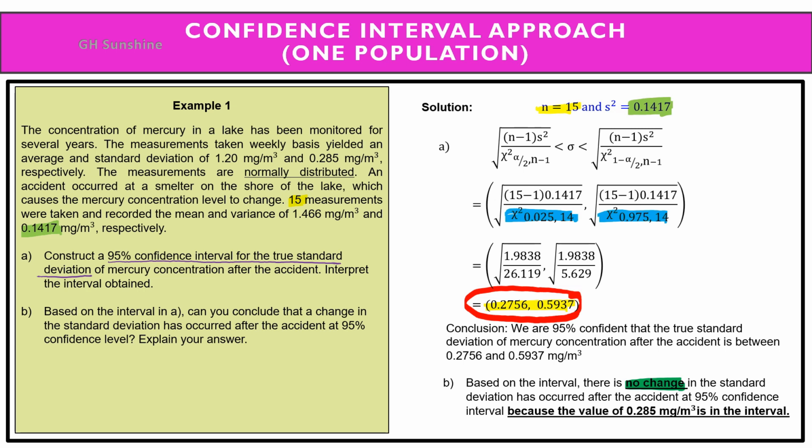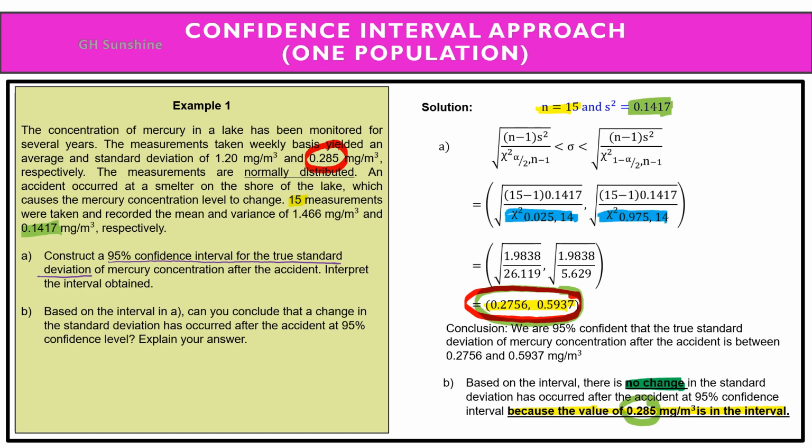Why? Because the value of 0.285 is within the interval here. So based on this value, 0.285 is in the interval.